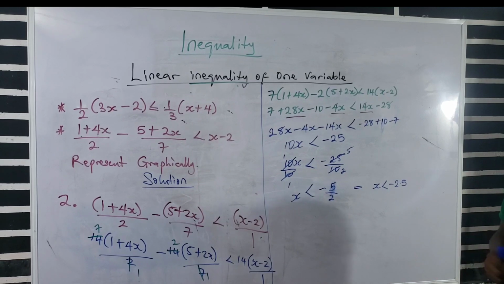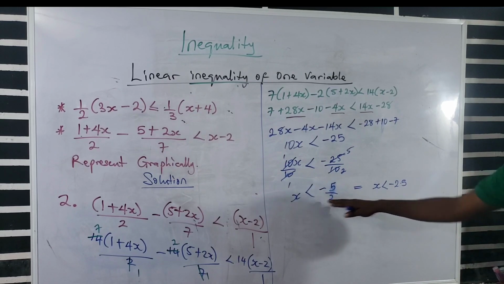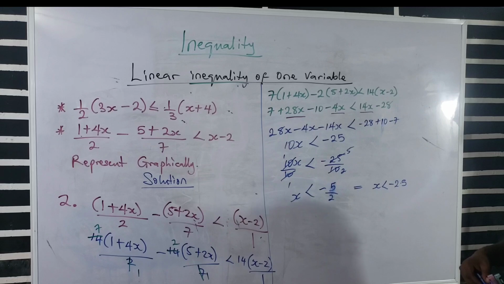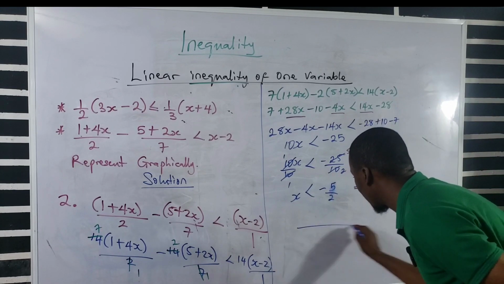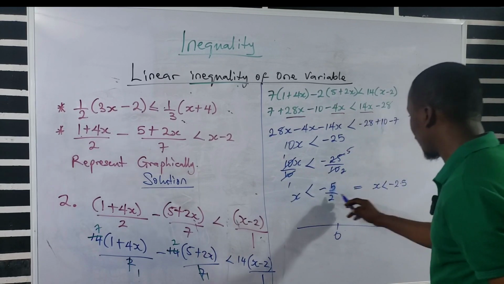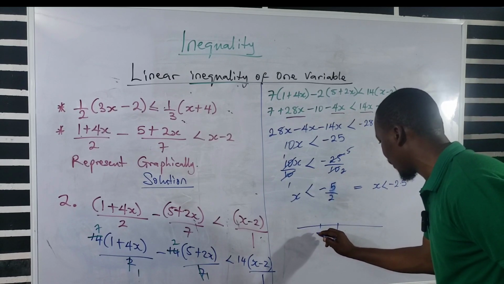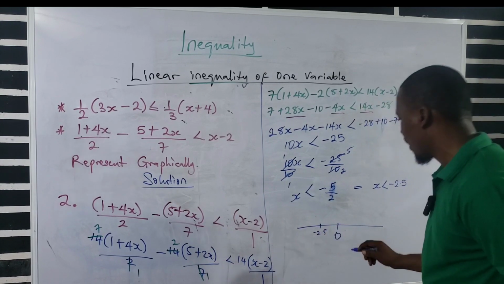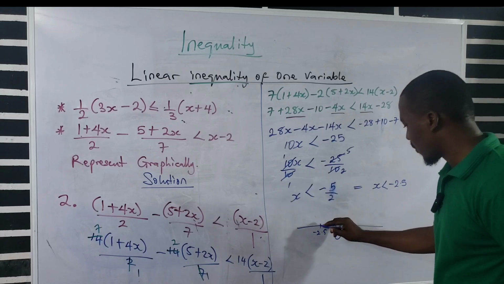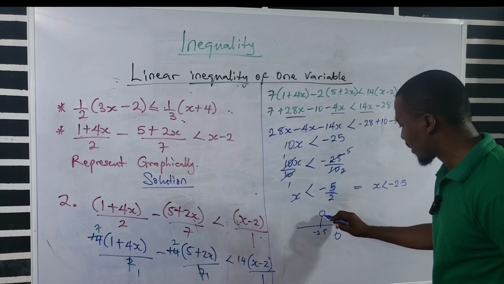So the next thing I'm going to do now is to represent this in a graph. I will sketch my graph, 0. So that's negative. So I have minus 2.5, and x is strictly less, so an empty circle.